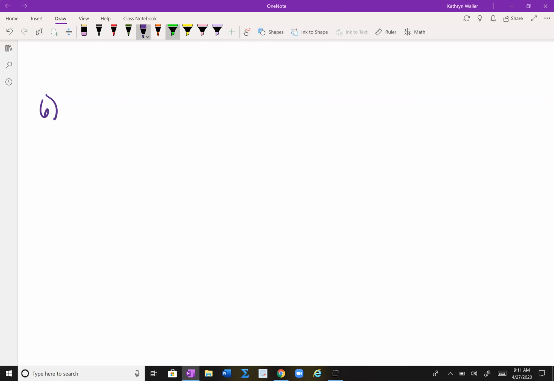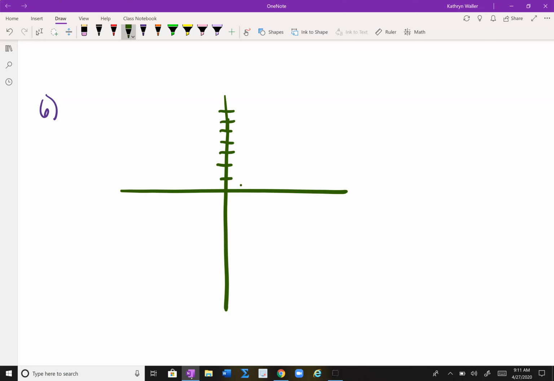Question 6 is super similar. So they want you to graph the inverse, okay? So just give me 2 seconds to draw in a grid. Okay, so if you look at that given graph, it hits the point, looks like about 1, 2, 3, 4, maybe negative 5, something like that.